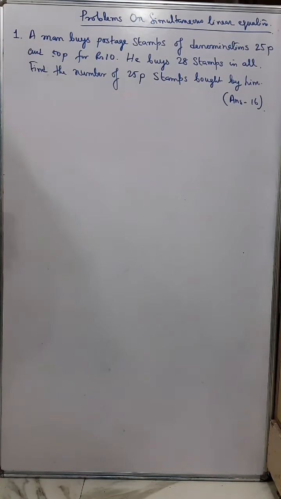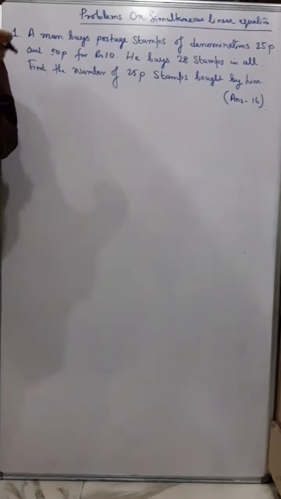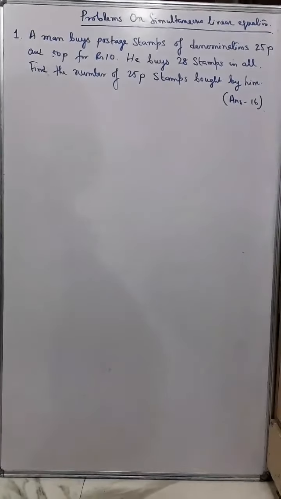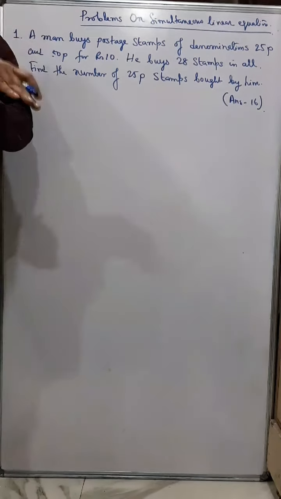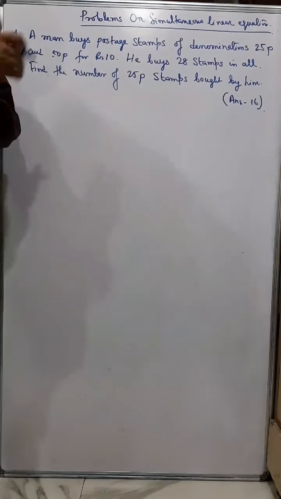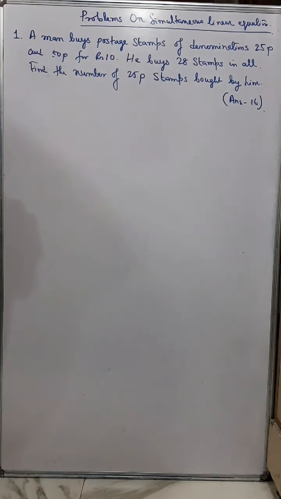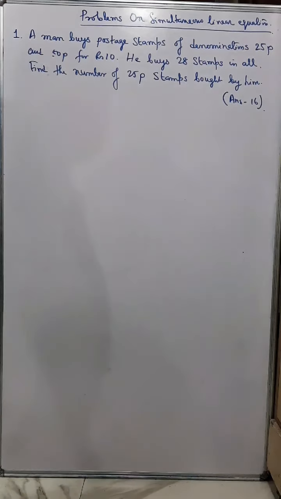Like if it says 5 times a certain number, that means 5 into x. When I say 5 more than a certain number, then it is x plus 5. When it is 5 less than a certain number, I say x minus 5. So all this you have to understand, and slowly you can understand and try to frame your equation.